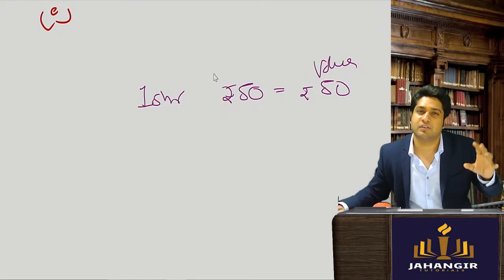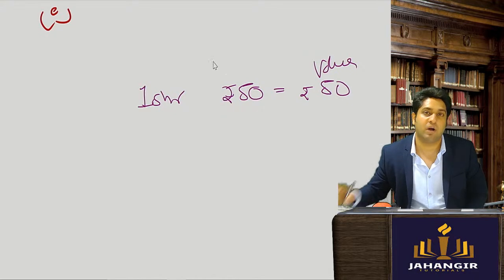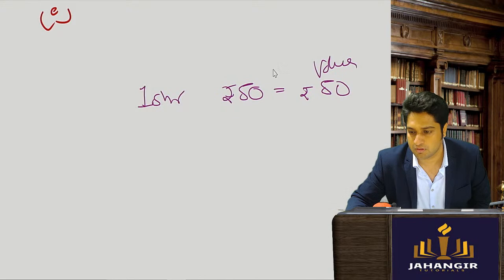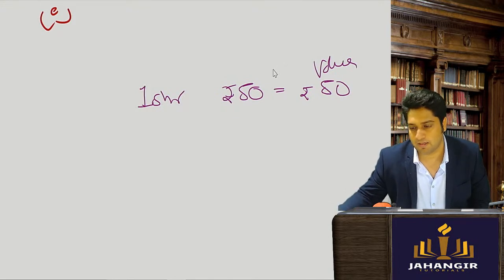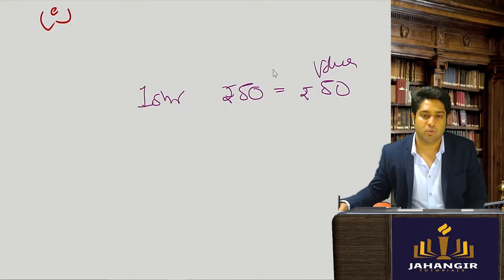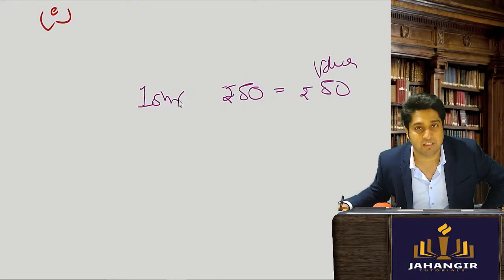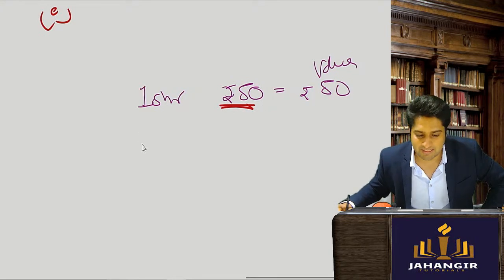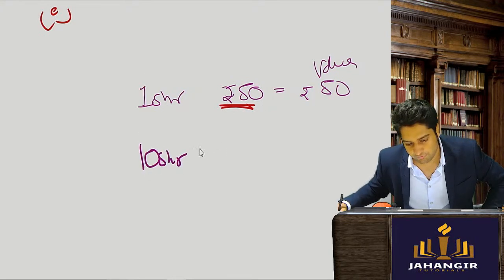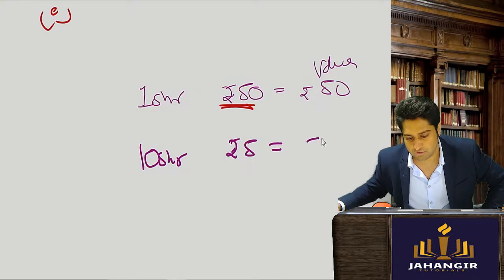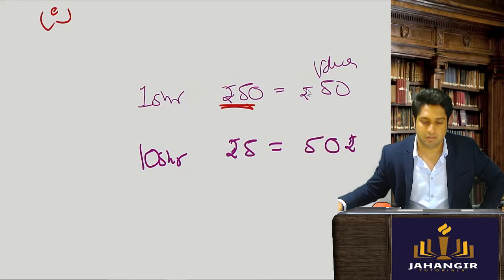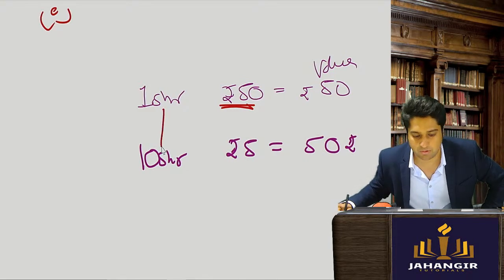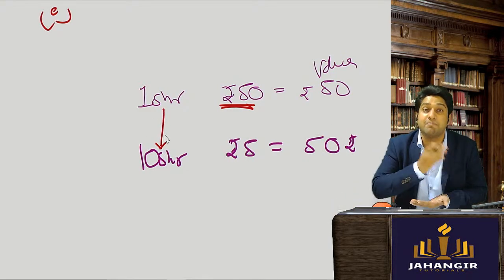So what we need to do when one share is of huge amount, let's say 50 rupees is a huge amount, then we can make it 10 shares of rupees 5 each. So the value will still be rupees 50.